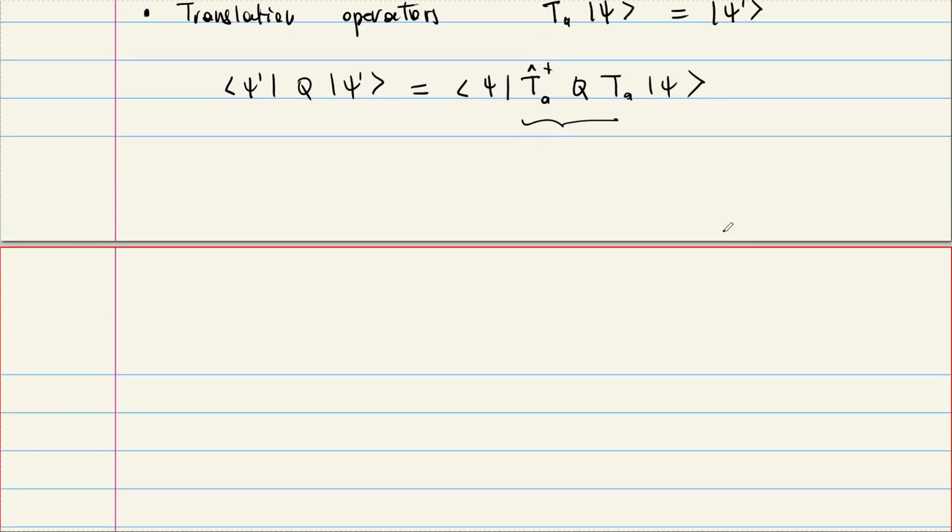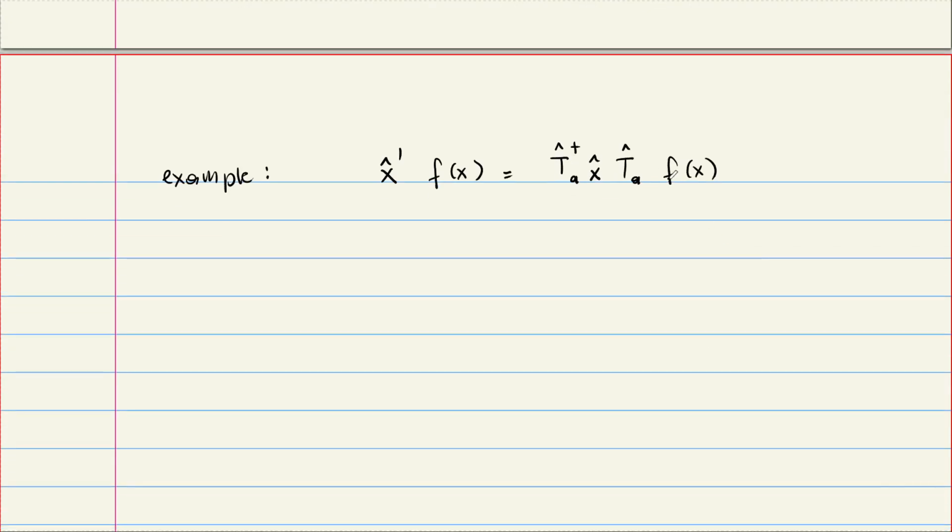So let's do an example. Let's think about the position operator after translation transformation, and let's look at its effect on a function f(x). And what is that? This is T A x, okay, this is T dagger A x T A, and this is acting on f of x.